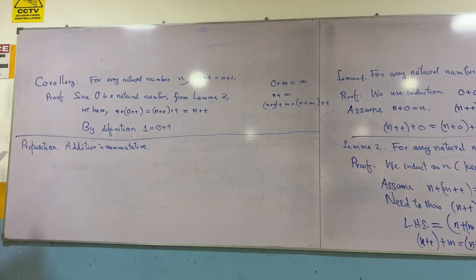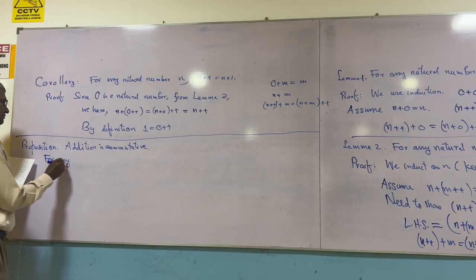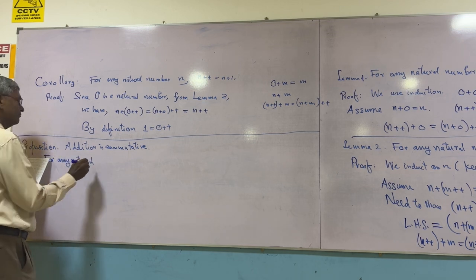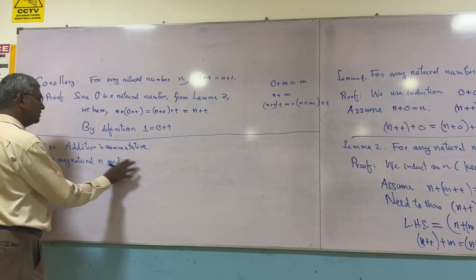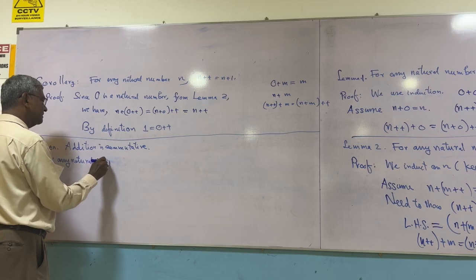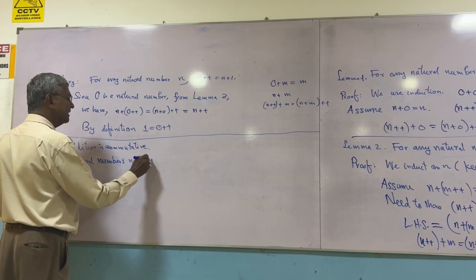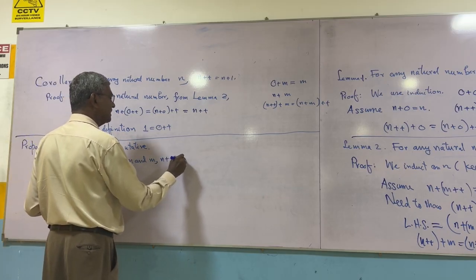Addition is commutative. That means for any natural numbers n and m, n plus m is m plus n.